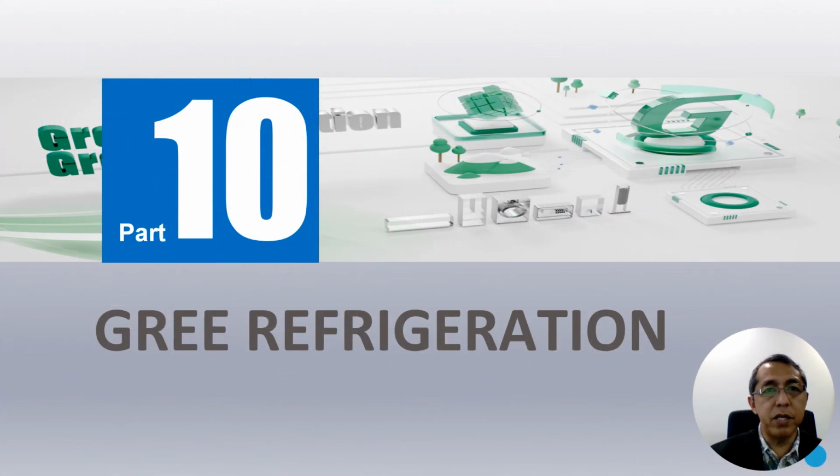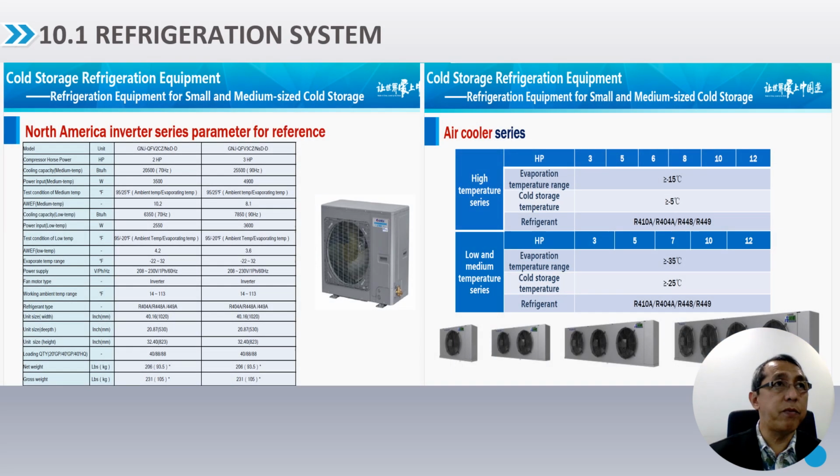For the GRI refrigeration, so if you have a wine cellar, I think this GRI refrigeration can be used because if it's a wine cellar, normally you use up to 13 degrees C ambient temperature. So this cold storage refrigeration is very useful for that.